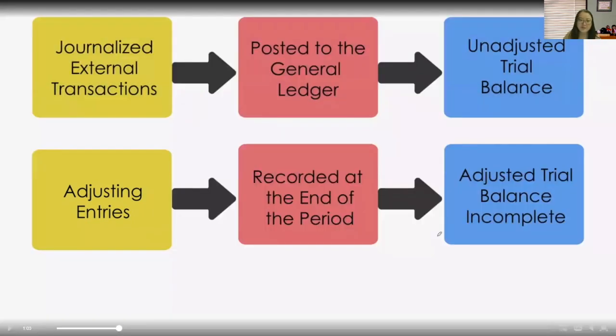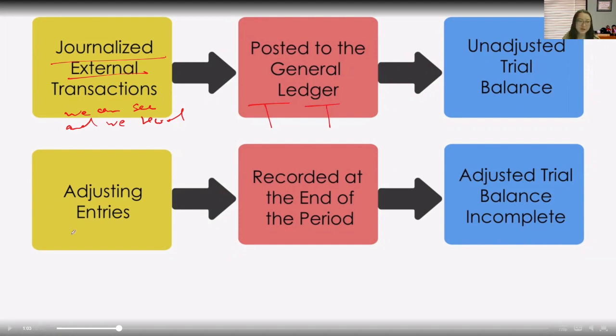So the journal entry process, the external transaction process, is we record, and then we post them in the general ledger, which is the T account, right? And then the unadjusted balance.